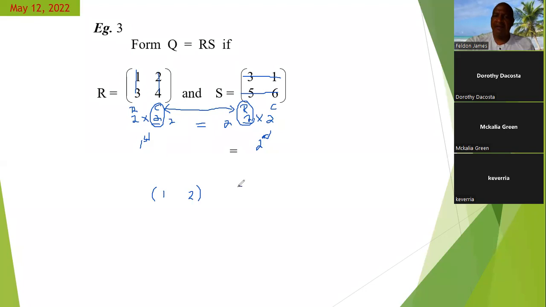And let's say I have this matrix here. And let me use this one here. So I have 3, 1, 5, and 6. Now, let me write that a little clearer.